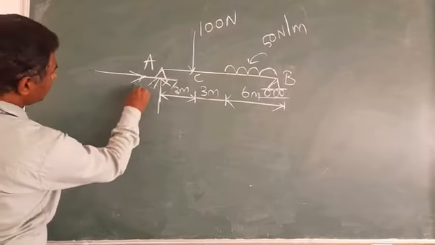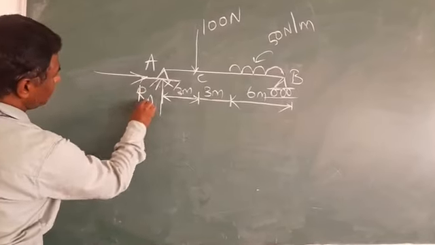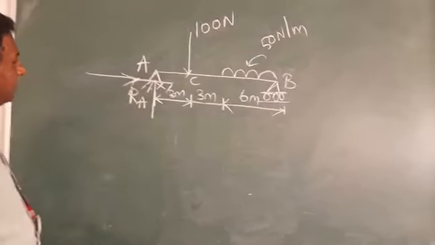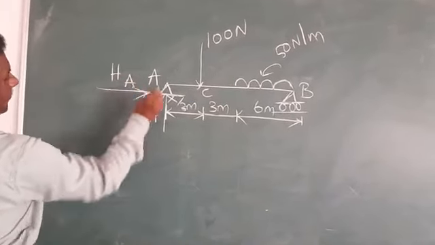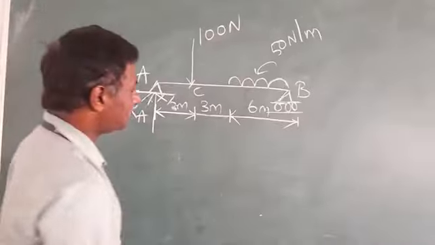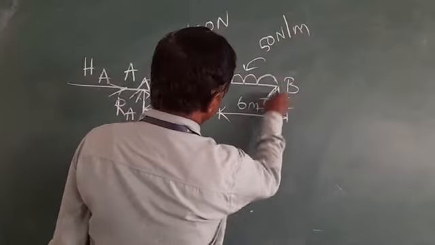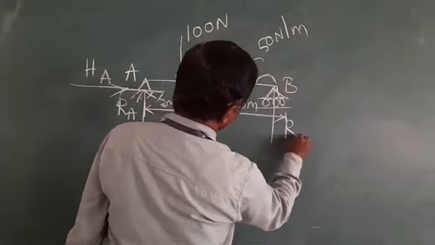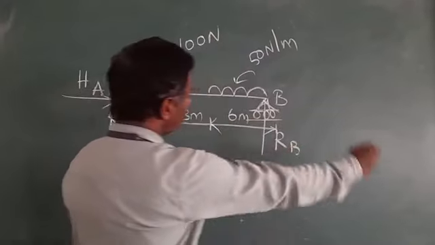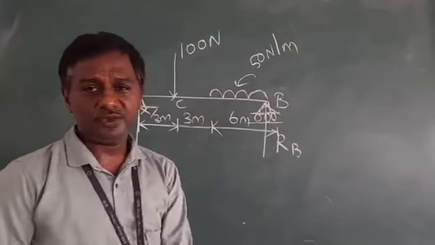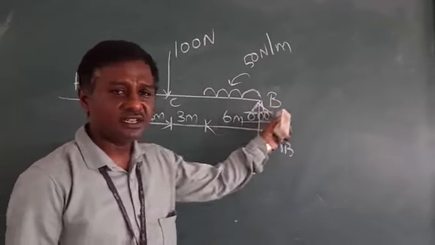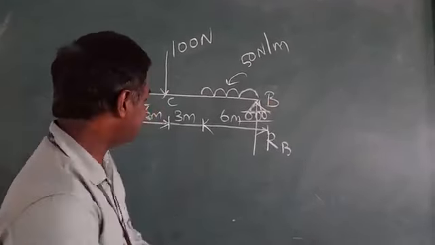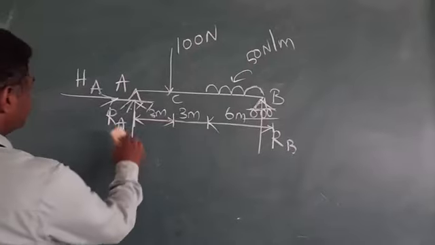So I am taking the vertical support reaction RA at point A as well as a horizontal reaction HA, and at the roller support we have only the vertical reaction, since it is free to move in the horizontal direction. So there is no restriction, so we don't have any horizontal reaction. So I just convert this one.